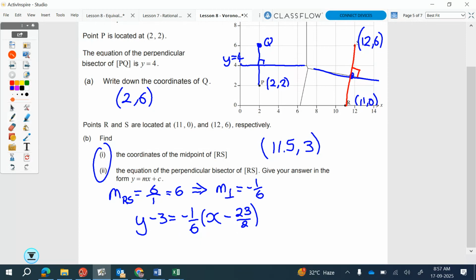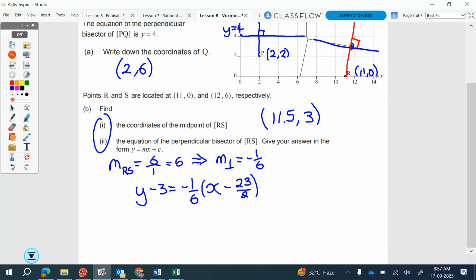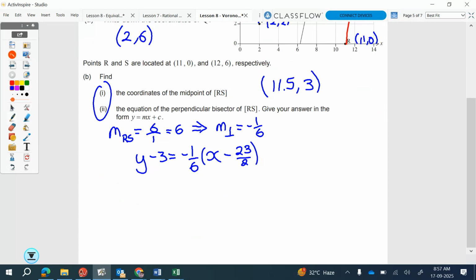It's going to take a little bit of arithmetic now to convert this, since I need to get this into this format here. So I'm going to open up the bracket, and I'm going to get minus 1 over 6 x. Now I've got to do minus 1 over 6 times negative 23 over 2, and then add 3.